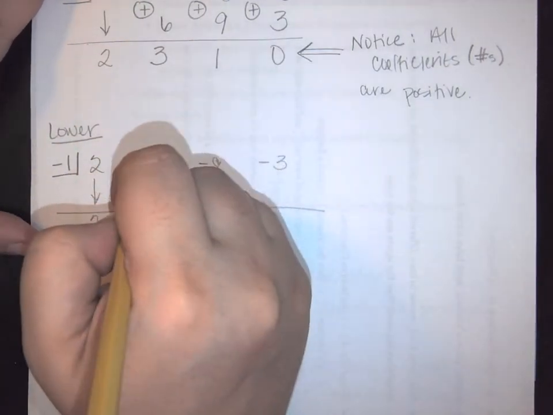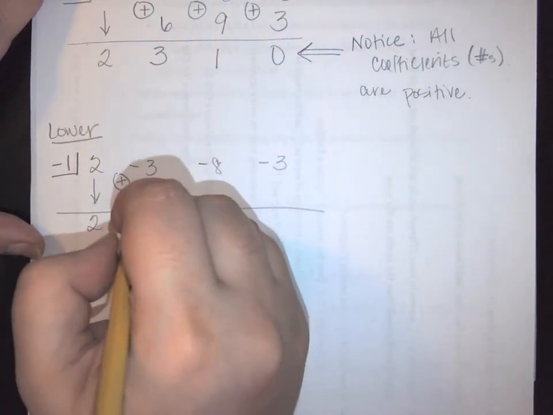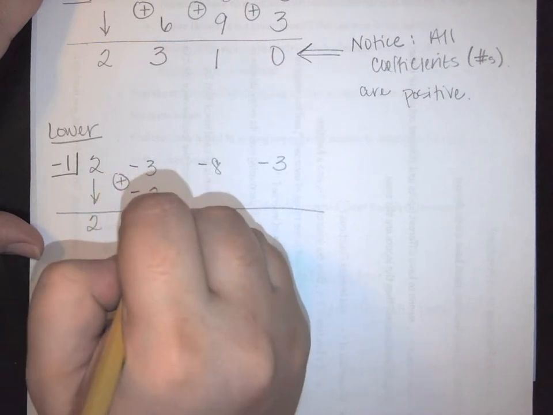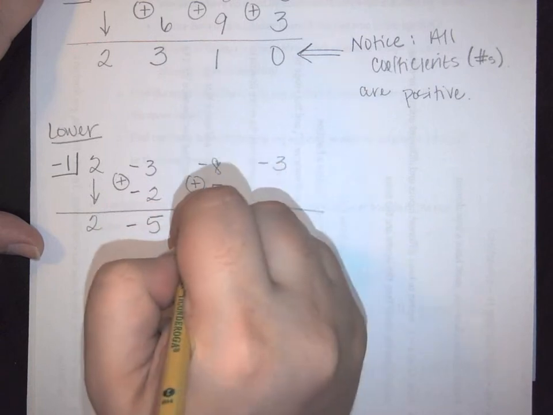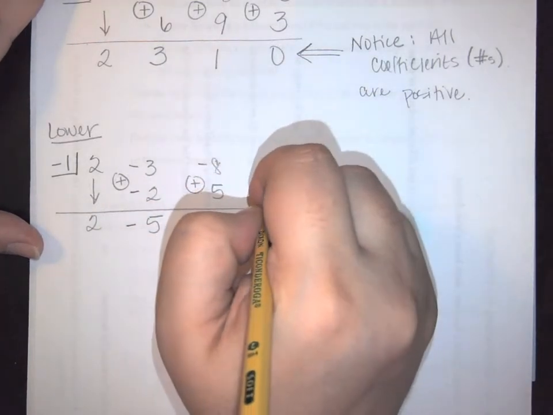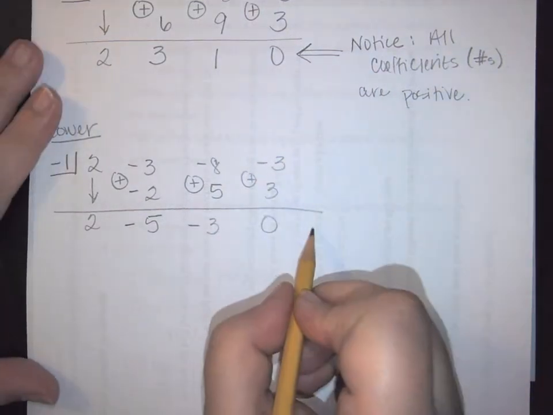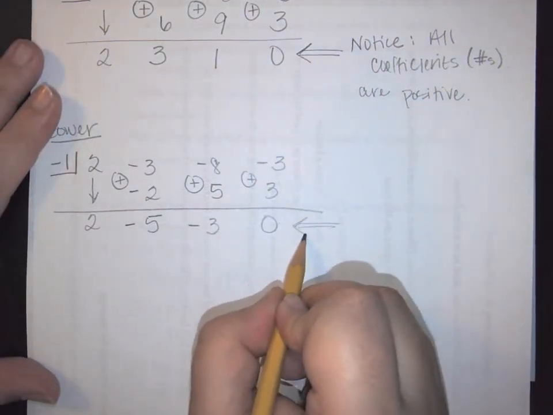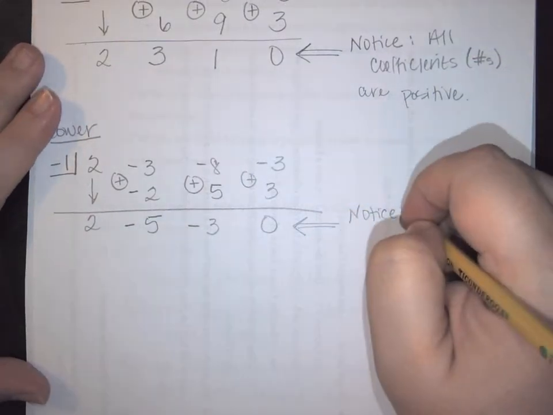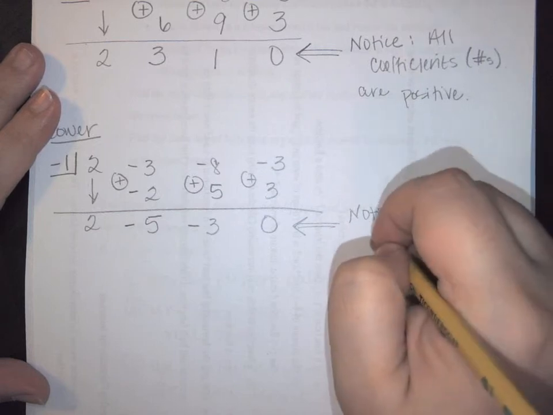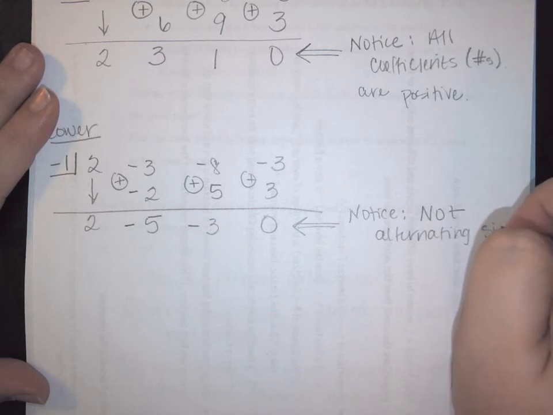2 and negative 1 is going to give you a negative 2. Add these together, and we end up with negative 5. Negative 5 and 1 is a 5. Add these together, I get a negative 3. Negative 3 and negative 1 is 3. Add these together, and I get 0. So again, we want to look down here, and you're going to notice that this is not alternating signs.